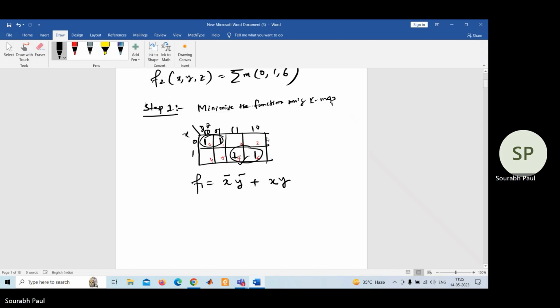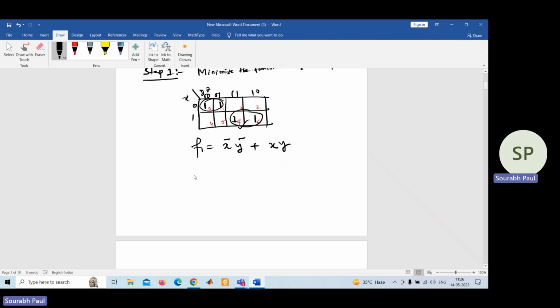Here 0, 0 means Y bar, and 1, 1 means Y only. Correct. Now we'll do the same thing for the second function.